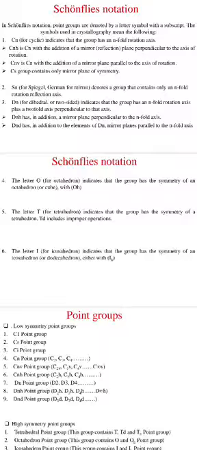So finally, we can say Cn is a cyclic point group containing only a rotational axis of symmetry. CnH, along with the rotational axis of symmetry, contains the horizontal plane of symmetry. CnV means along with the Cn, it contains the vertical plane of symmetry. Cs means only one mirror plane of symmetry.